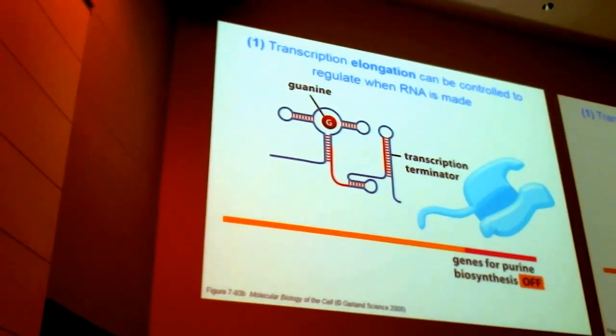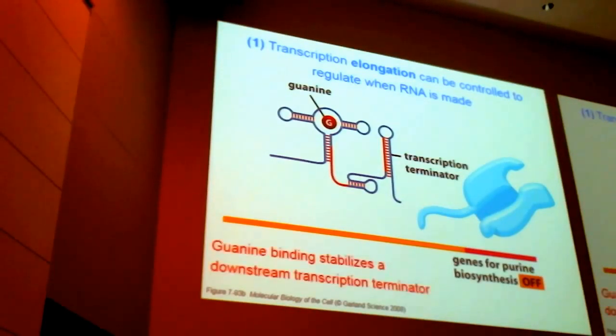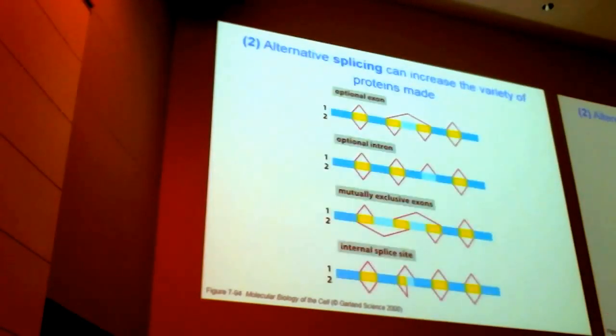So in bacteria, if you have a stem loop and a run of U's, that's a signal for termination, and the polymerase stops and gets kicked off. Okay? So this is a way in which the elongation of the polymerase is regulated by what small molecule gets added. Okay. So guanine stabilizes the downstream transcription domain.